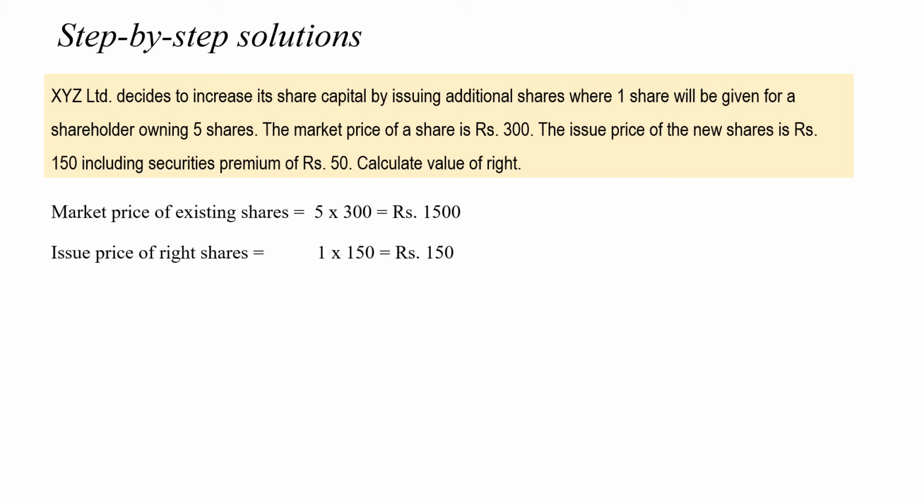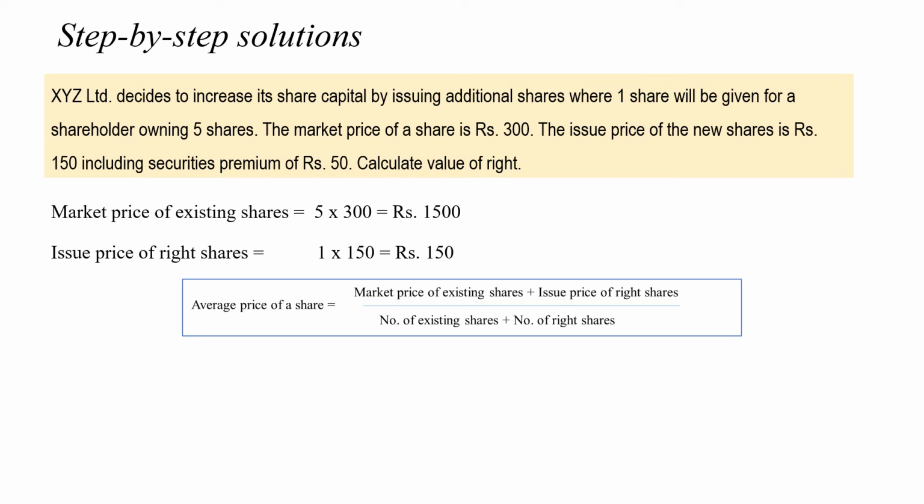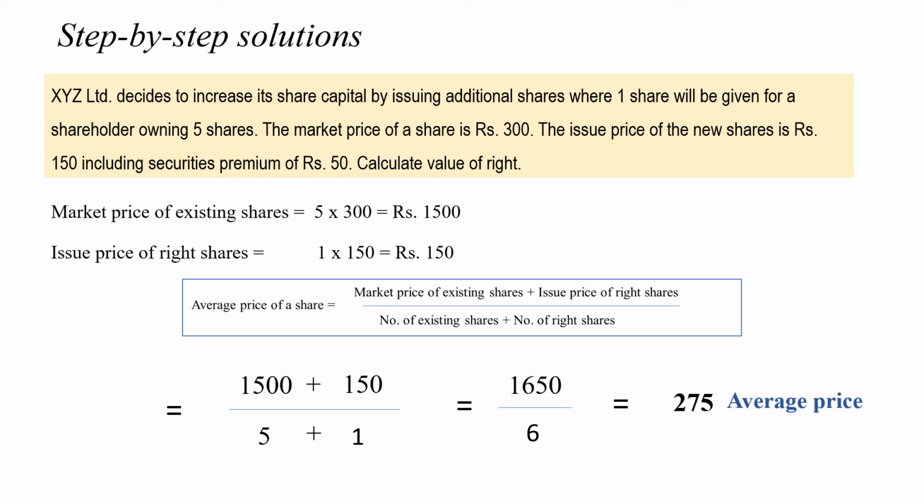Let's substitute that to find out the average price of a share. The market price of existing share is 1500 plus the issue price of right shares 150 divided by number of existing share, that is 5, plus the number of right share, which is 1. That's equal to 1650 divided by 6, giving you 275 as the average price. So now we have the average price derived.